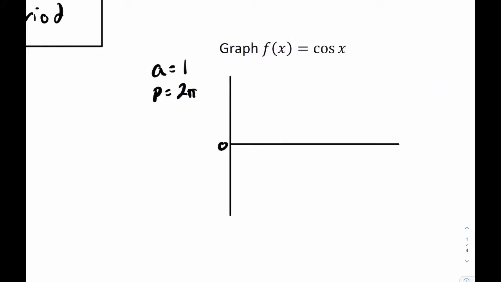Now label 0, 1, negative 1, 1, 2, 3, 4. Your fourth tick mark is your period, 2 pi. And now I just scale appropriately. Pi, pi over 2, 3 pi over 2. Now the difference for cosine is cosine typically starts at this top value, this 1. So now I just continue the pattern.